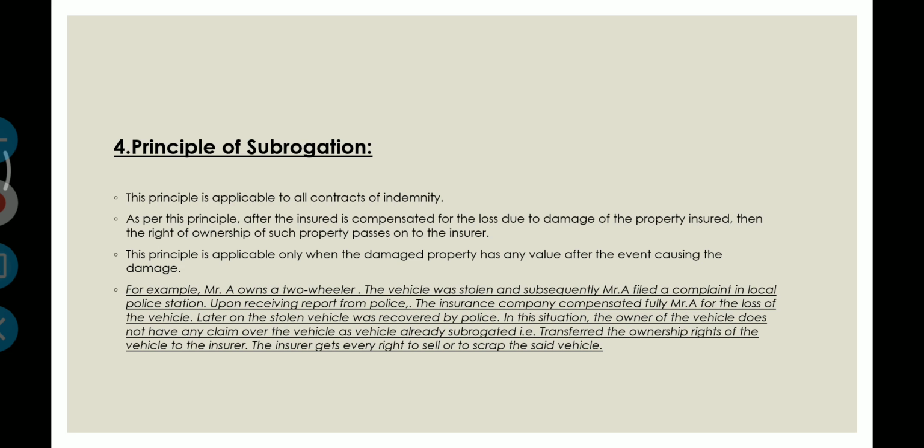Whenever that two-wheeler is recovered by the police, it will be handed over to the insurance company, because I have already subrogated, that is, transferred my ownership to the insurance company. Understood? Now it is up to the insurance company whether they want to sell that vehicle or scrap it.